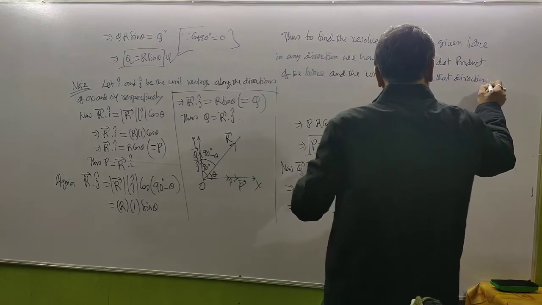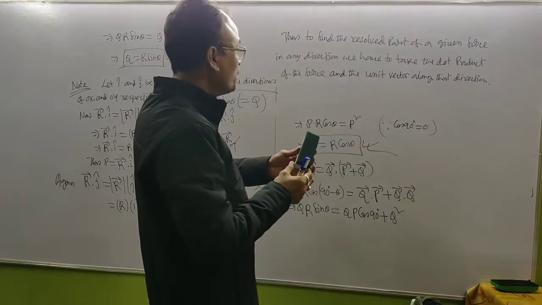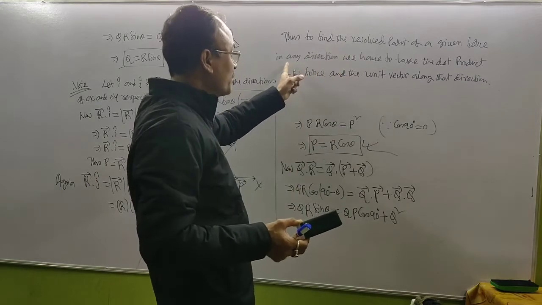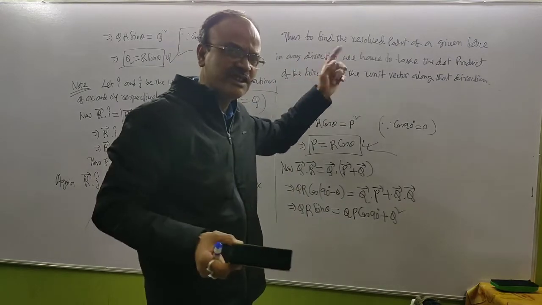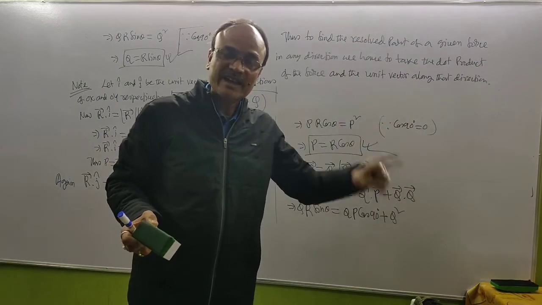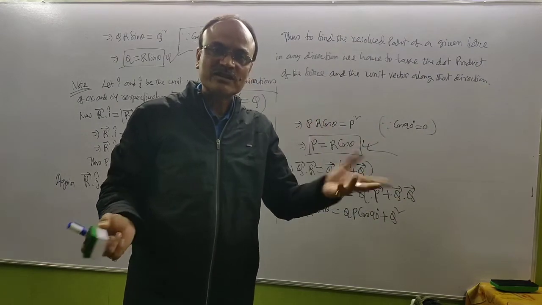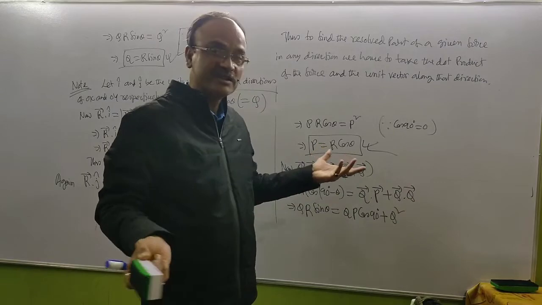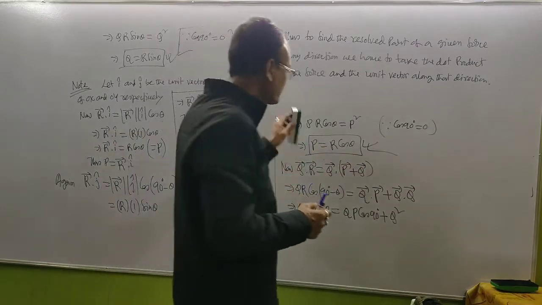To find the resolved part of a given force in any direction, find the dot product of the force and the unit vector along the direction. What a beautiful result this is, along any direction.